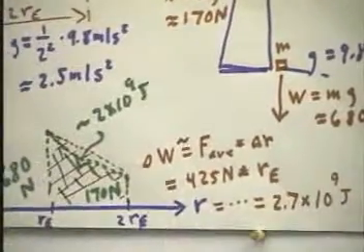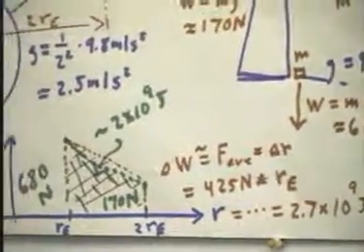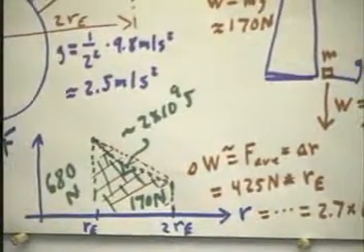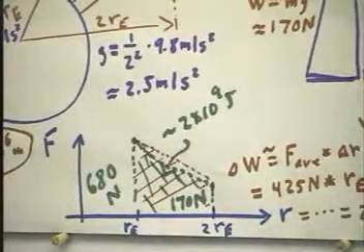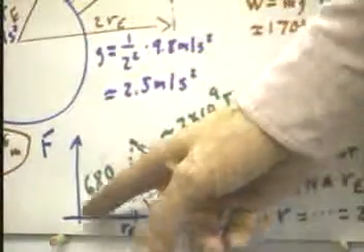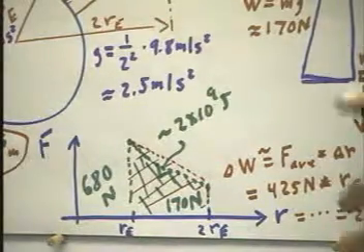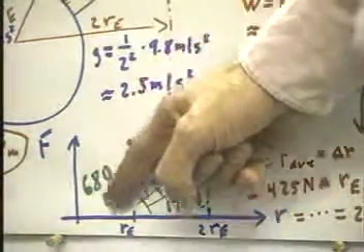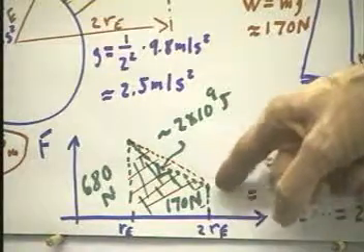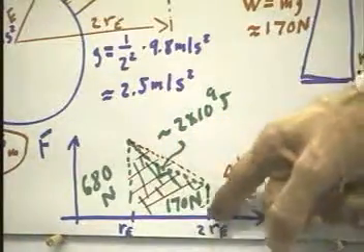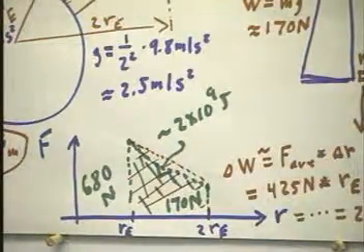So we have this situation depicted here. The force versus distance experienced by the climbing individual decreases from 680 newtons to 170 newtons as we go from the radius of the Earth to double the radius of the Earth.